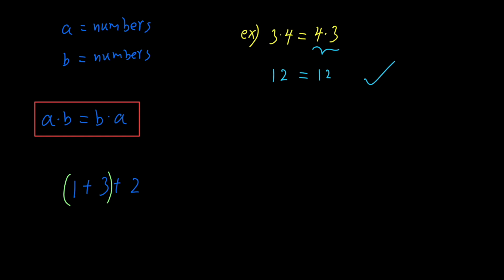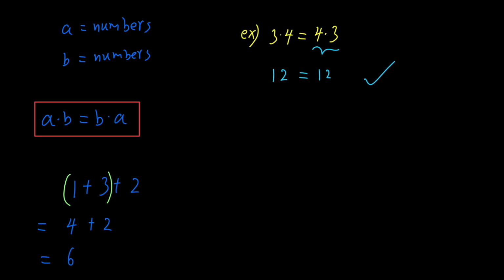Remember, for the order of operations, whenever you first see parentheses, you have to evaluate the numbers inside the parentheses first. Inside the parentheses, we have 1 plus 3, which is 4, and then plus 2. And 4 plus 2 is 6.